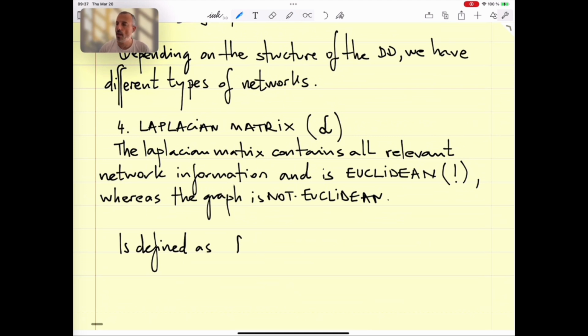L is defined as D minus A, okay? So D is the degree matrix, and A is called the adjacency matrix.